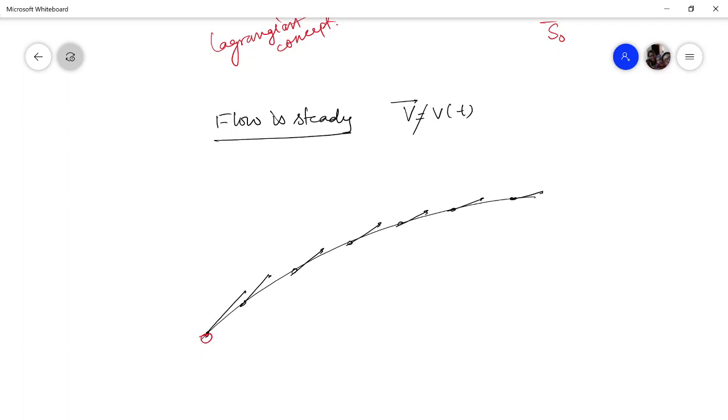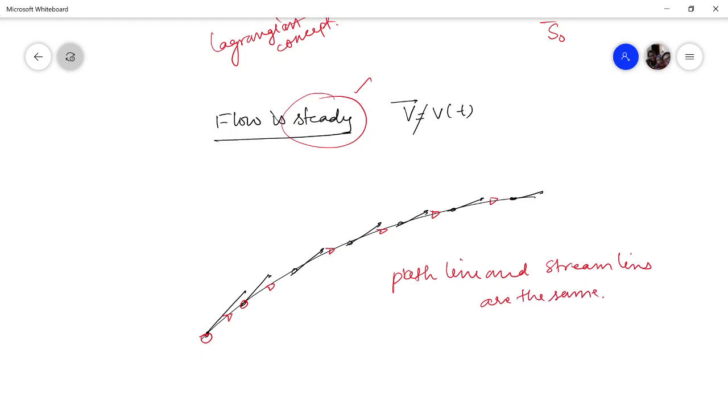As the flow field is steady, the velocity at an individual point will not change with time, so the particle will be forced to move along the direction of this velocity. The moment it arrives at the next point, it is again forced to move in that direction. Therefore the path of this particle will be this streamline only. So when the flow is steady, the path line and streamlines are the same.